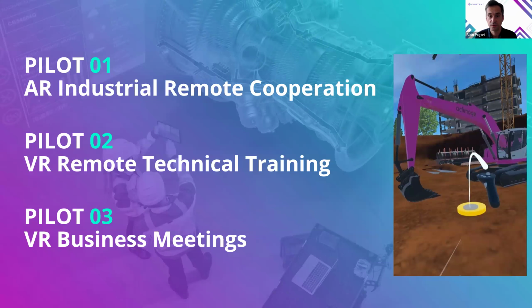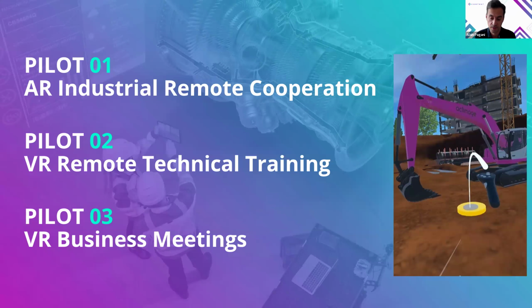But to give you an overview, we have 3 pilots. The first one is AR in an industrial context. This is globally the use case that I presented earlier with the 3 persons working together in AR. The second one is based on virtual reality, and it's about training.